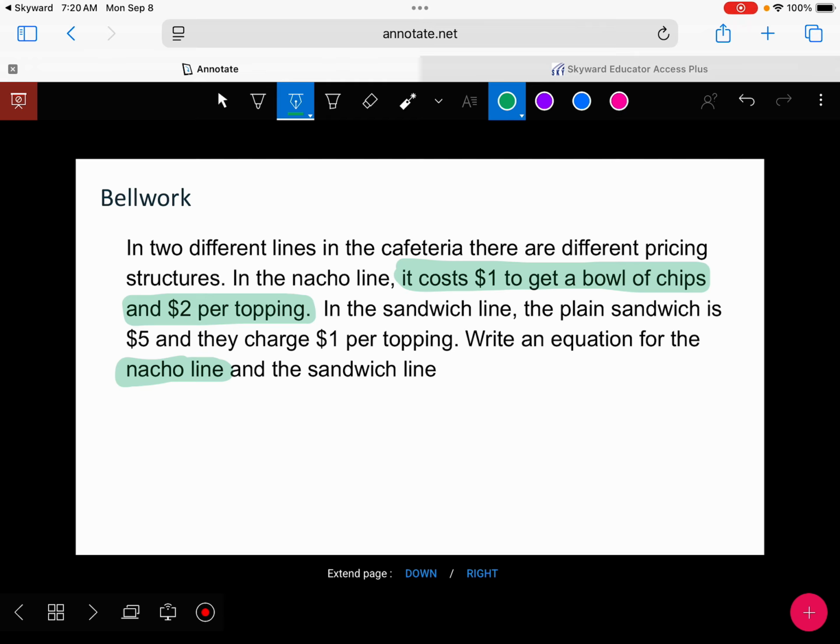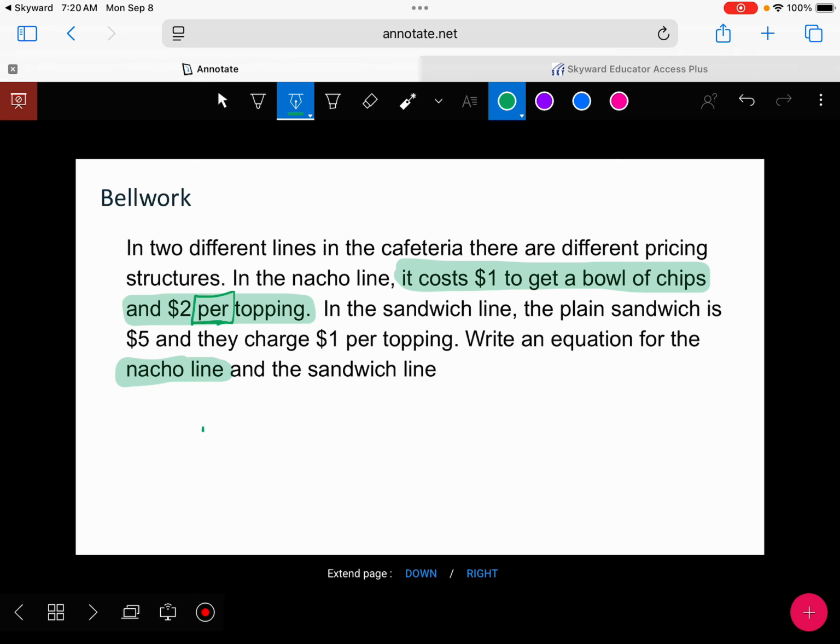What do we think? Which of these values changes as we get different types of nachos? The $2 per topping. So a big keyword to watch for on these: per. A lot of times, almost every time, that's going to mean it's going to be multiplied against something. So this is a lot of times going to be something like a slope.